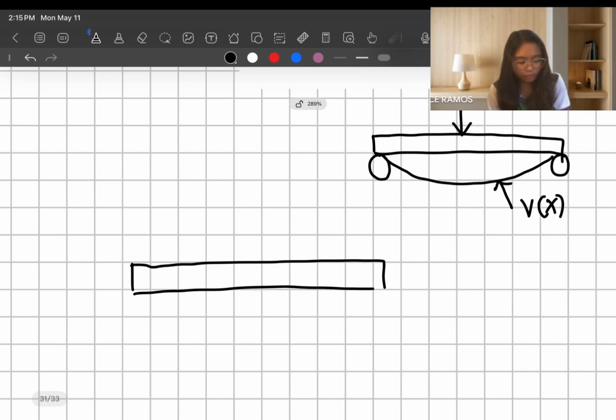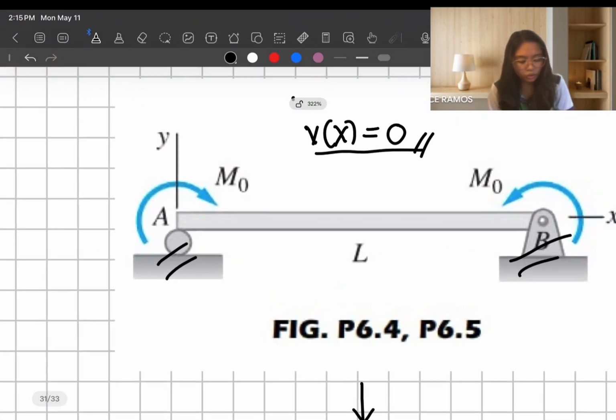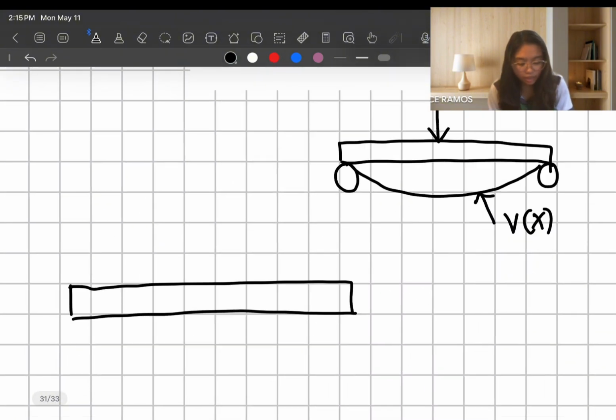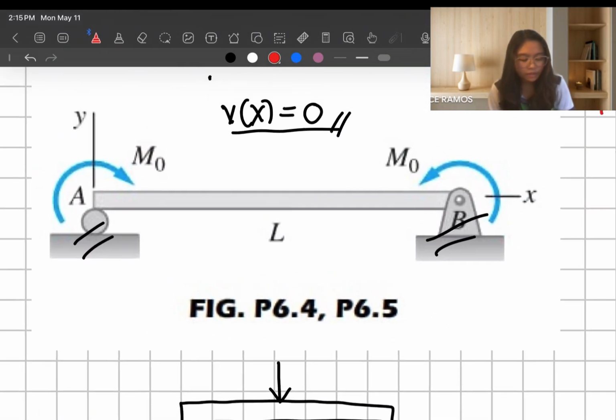So for our free body diagram, since yung A natin is roller, meron itong tinatawag na normal force. So let's assume that the force in point A is acting upwards. Sa point B naman, since yung point B natin is a pin, meron itong dalawang force.